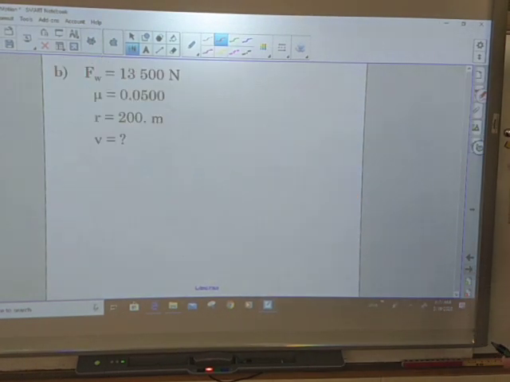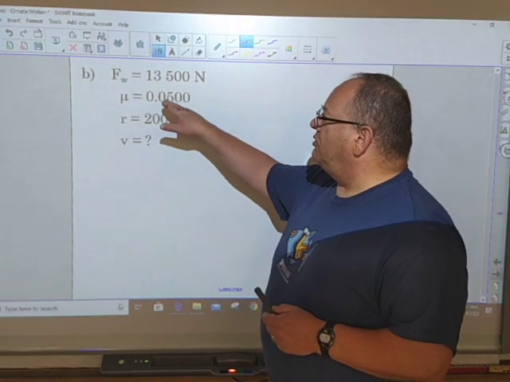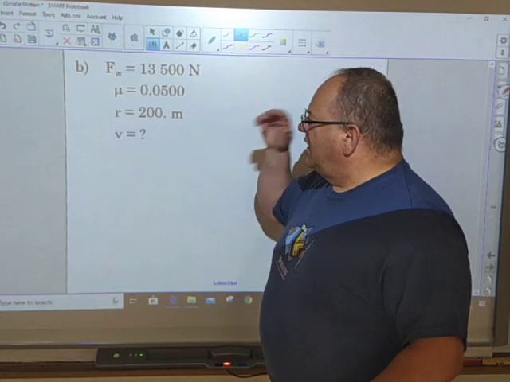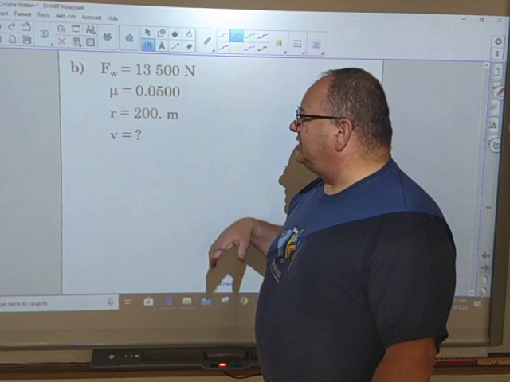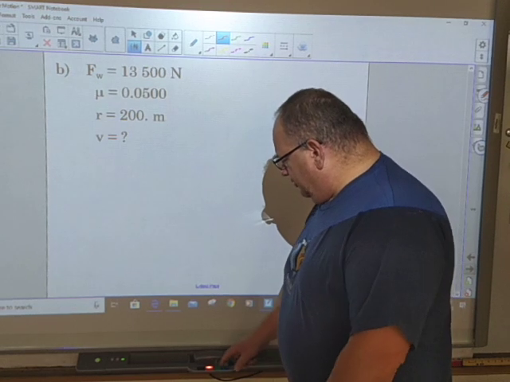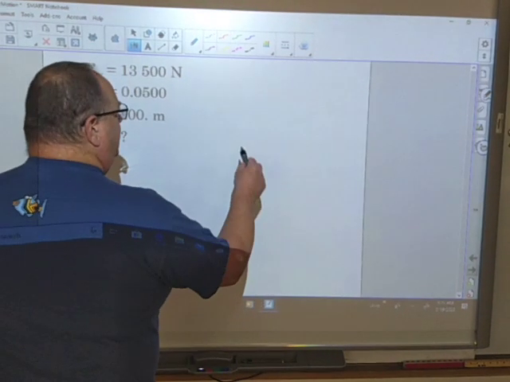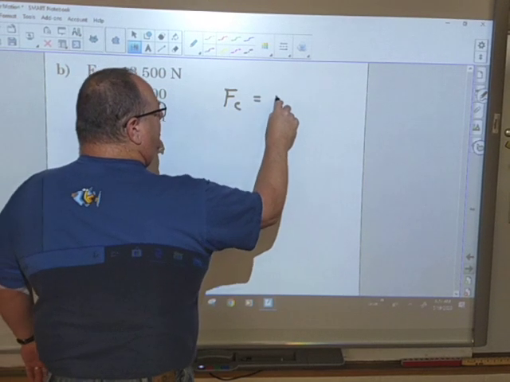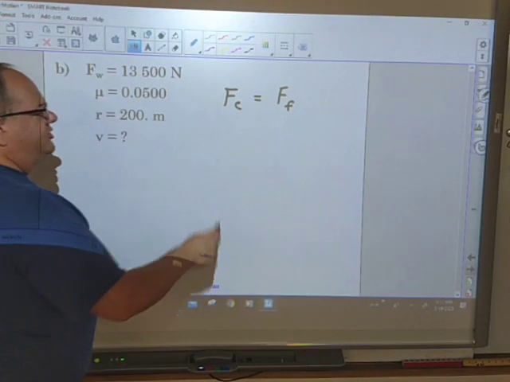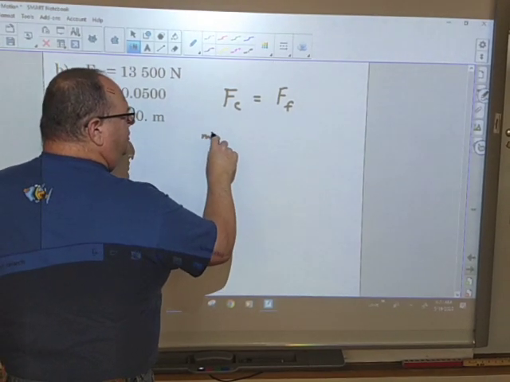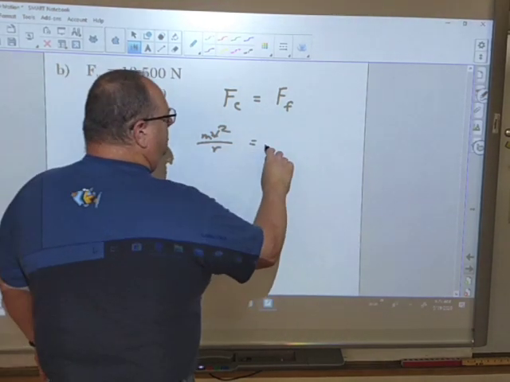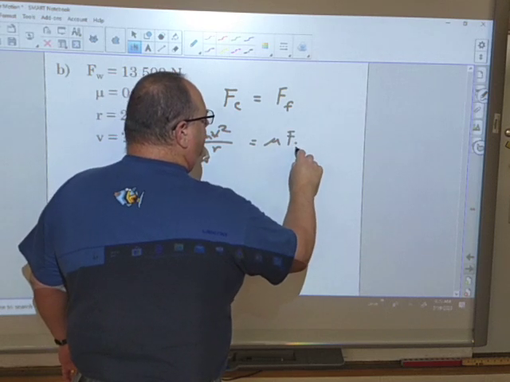All right. So, how about the second part? In the second part, we were told the coefficient of friction, and now we're going to say, all right, so it's wet out. We know that we got to slow down when it's wet out. What's our safe velocity when the friction is just this? So, let's use similar reasoning. The centripetal force is still the friction. The centripetal force is m v squared over r, and the friction is mu times Fn.